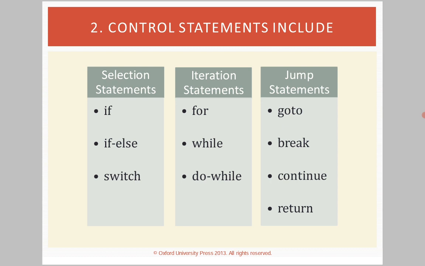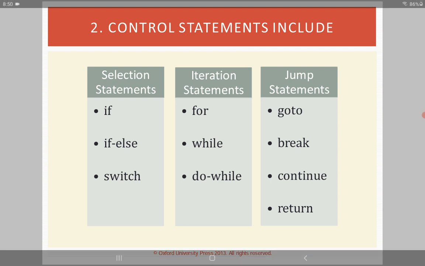All these statements are called control statements. Control statements is the compulsory essay type question coming from Unit 2. We discuss all these statements one by one with syntax and examples.